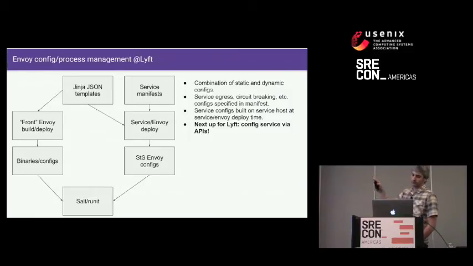Those are fed into our build process, and then we get the output of that, and then we end up running Salt for process management. Then we have all the services, and those services end up going through their manifests.